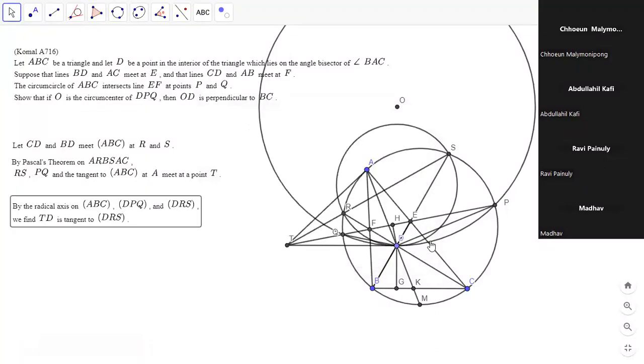Let's think about that. Is that obvious? So basically we're saying T lies on the radical axis of both of these circles, right? No. We should prove TD tangent to DRS first. It's not obvious from this.